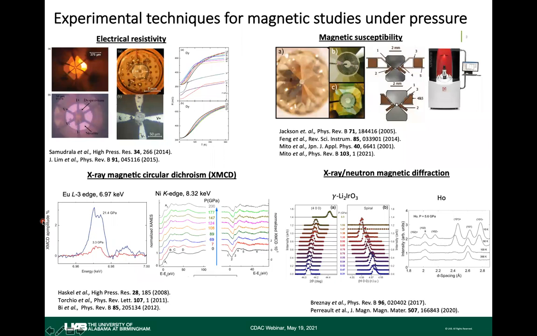Okay, so here is a very general summary of the commonly used techniques for magnetic studies in diamond cell. So the first one is called the electrical resistivity, and this experiment is commonly used to probe the change in transport properties from the magnetic order. For example, here, this is a picture of the designer envelope fabricated in Yogeshwara's group.